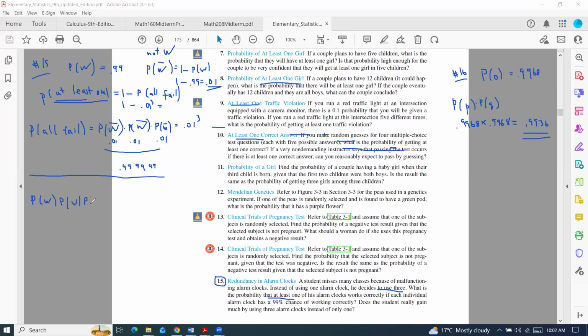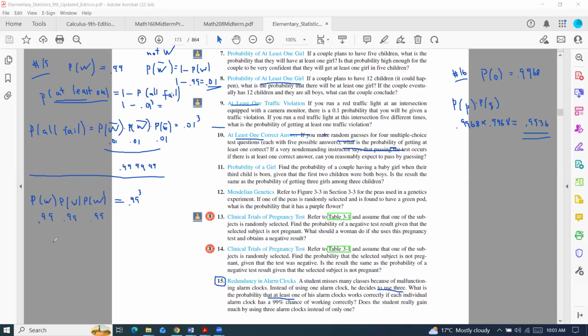So that's what we're trying to find. Well, I would say not really. So if the probability that one works is 99% and the other works is also 99% and the third is 99%, that will be 0.99 cubed, right? I can put it in the calculator, find it later.